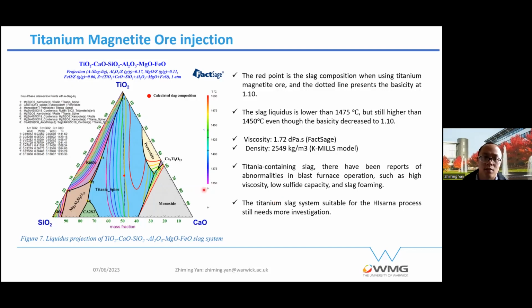But in this process, since the oxygen potential is higher than the blast furnace, the titanium oxides will not be reduced that much, and that kind of phenomenon will be avoided. So this furnace can be a good tool for melting this kind of hard-to-use material, but we still need more investigation because this is only simulation. We need more experimental investigation to check the slag properties or something else.